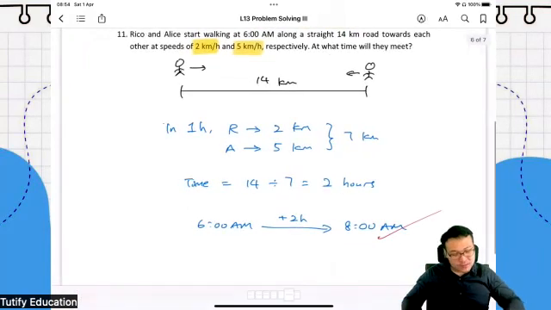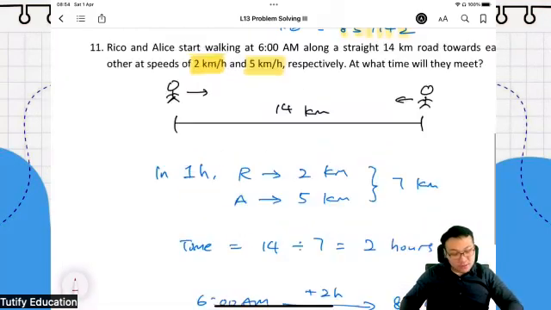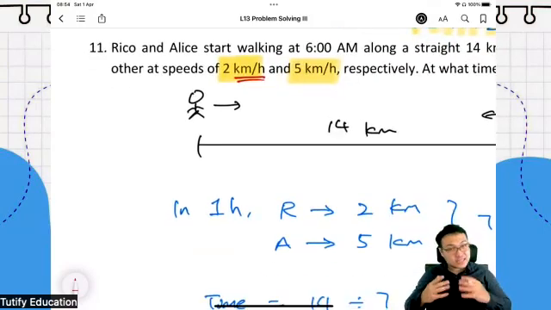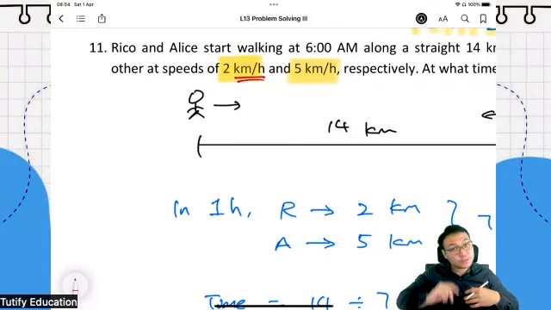Anyone have questions about this? Okay. You just need to know the meaning of kilometers per hour. What does it mean? That means in 1 hour, I am able to walk 2 kilometers. Understand?